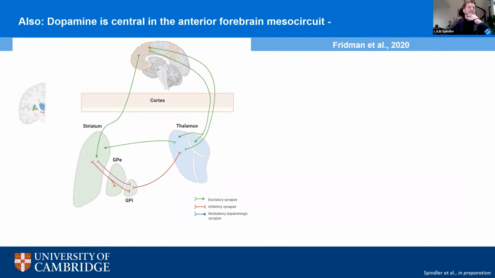And in case some are not familiar with the anterior forebrain mesocircuit, it basically postulates that one of the most common pathophysiological features of DOC is a large-scale loss of activity and metabolism across the whole cerebrum. And this is thought to be brought about by broad-scale disfacilitation, so overall loss of excitatory activity throughout the brain, particularly in the neocortex, striatum, and most importantly, the thalamus.